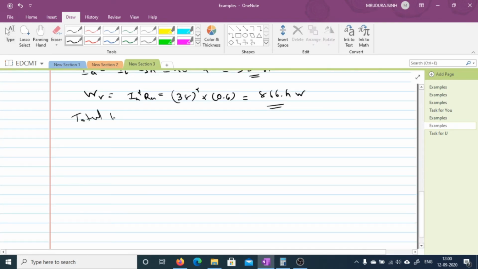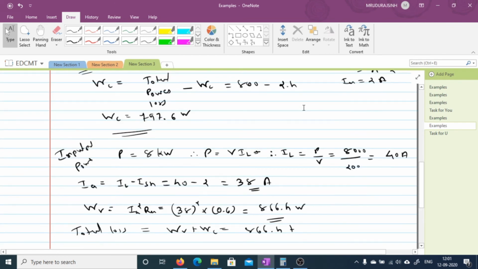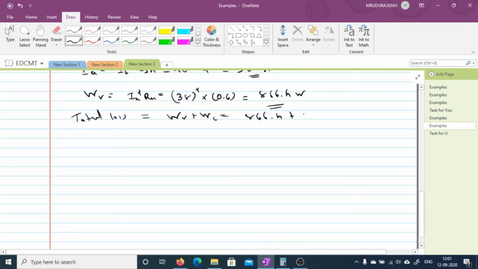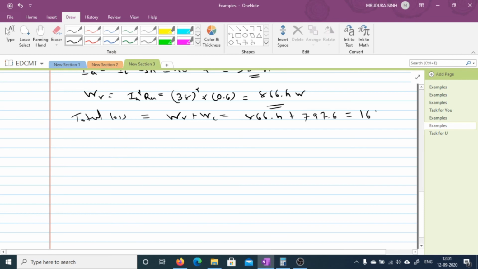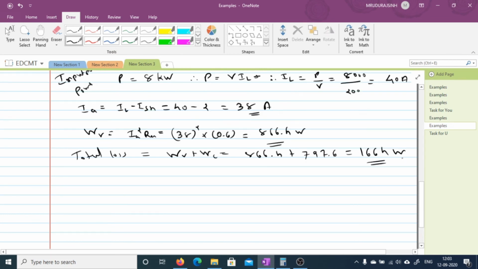So the total loss is equal to WV plus WC, which is 866.4 plus the constant loss 797.6, which gives 1664. So this is the total loss of this shunt motor when it draws 8 kilowatt from the supply.